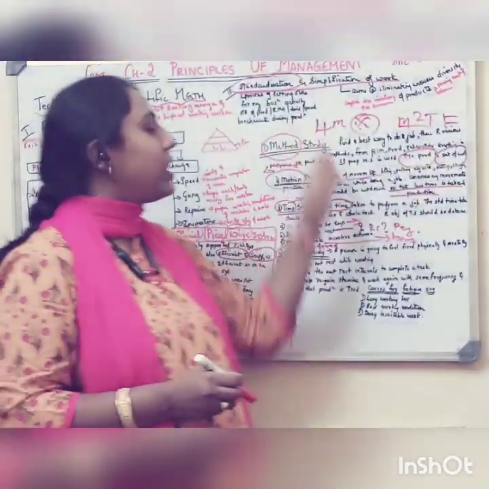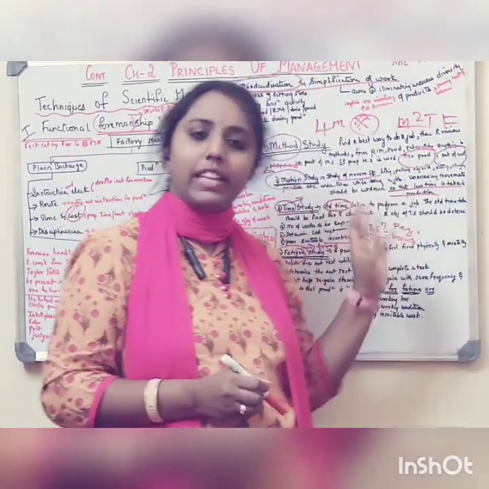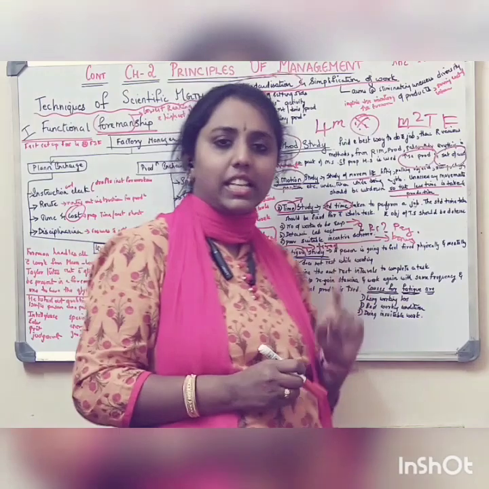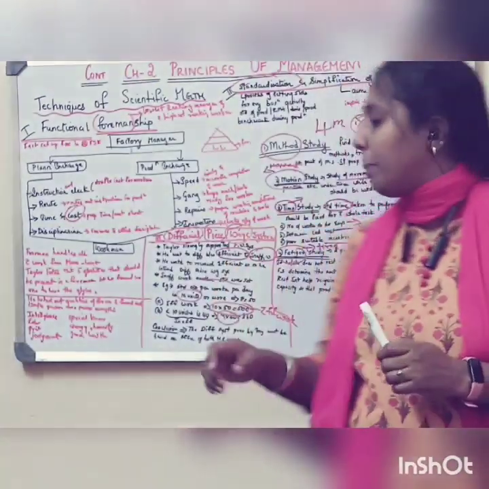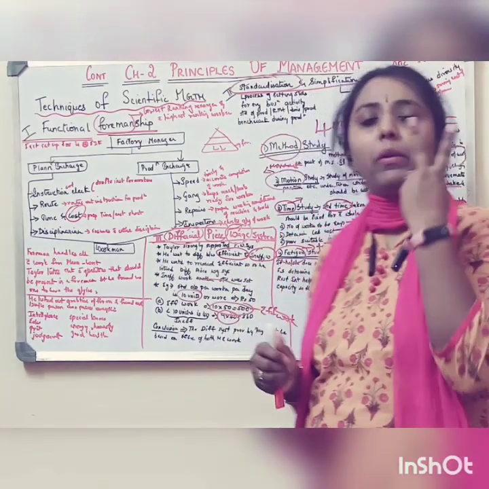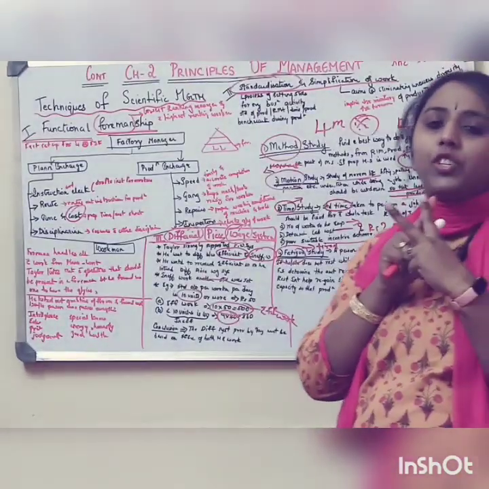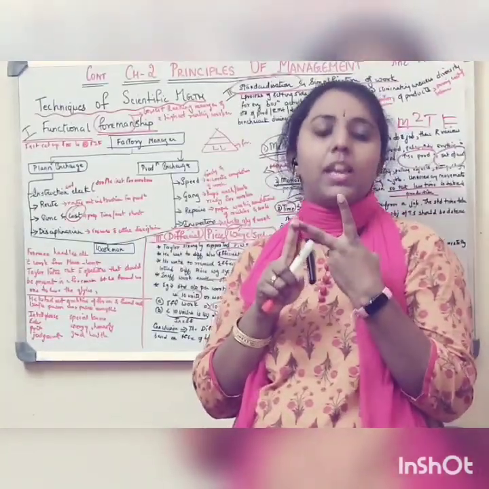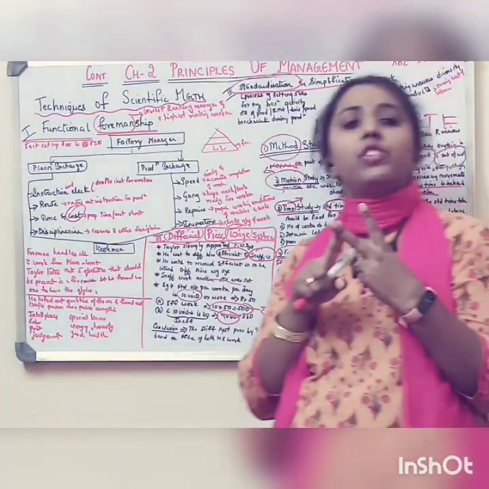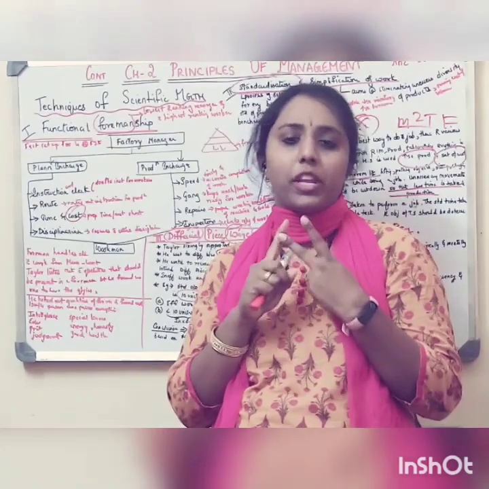Then you have the four study techniques: method study, motion study, time study and fatigue study. The third topic is the differential piece wage system, which speaks about two terms, efficient workers and inefficient workers. For efficient workers, the amount paid is 50 rupees. For inefficient workers, the amount paid is 40 rupees.